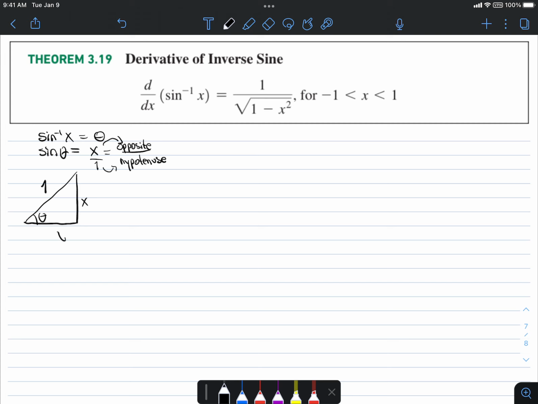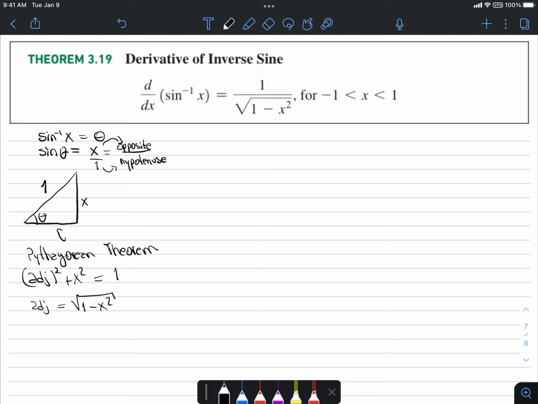So if I use the Pythagorean theorem here, the adjacent squared plus x squared equals 1 squared, which is 1. So the adjacent is just the square root of 1 minus x squared.